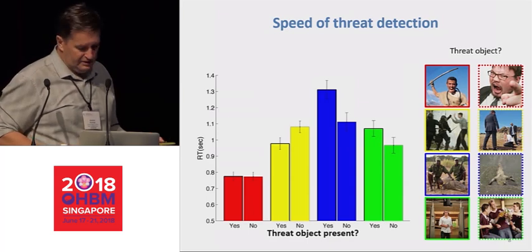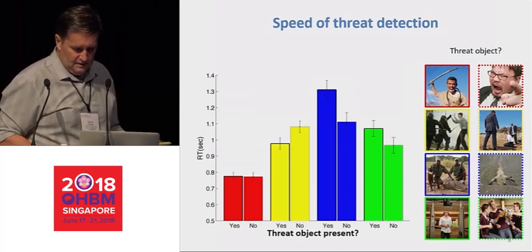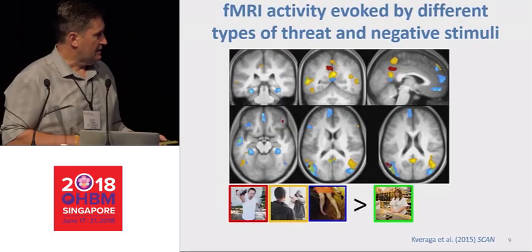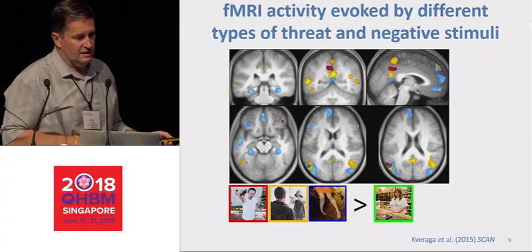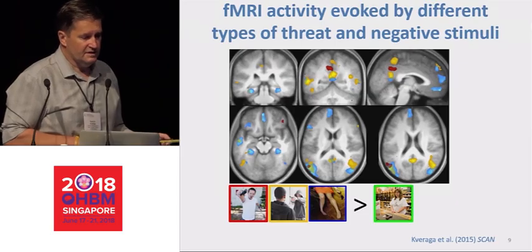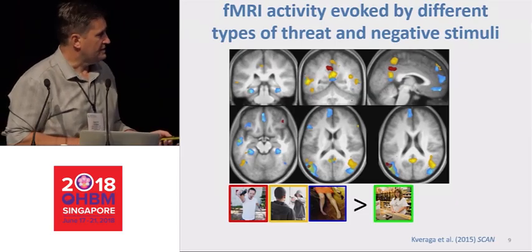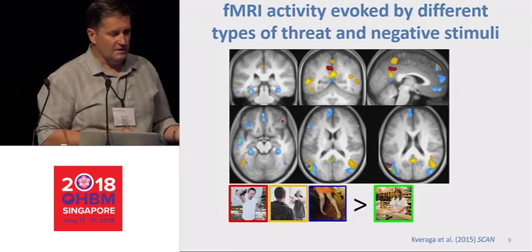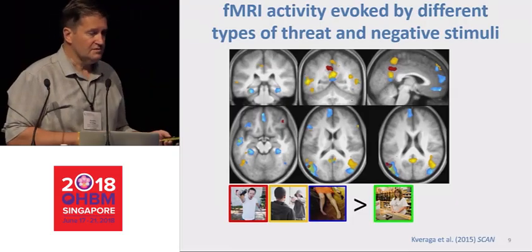Right, then what's happening in the brain? This is a contrast where each of the conditions is contrasted against the neutral condition. So the colors of the activations match our condition colors, right?